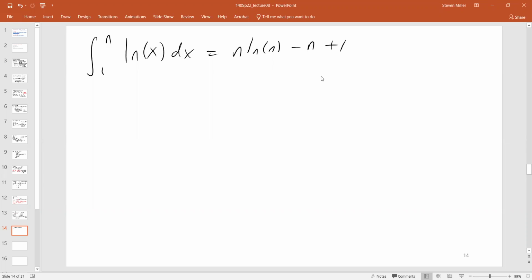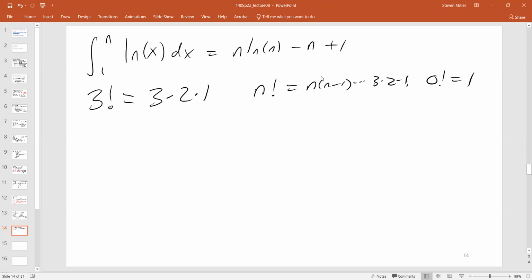So can somebody tell me what is 3 factorial? 6. How'd you get that? 3 times 2 times 1. n factorial is n times n minus 1 down to 3 times 2 times 1, and we set 0 factorial to equal 1.